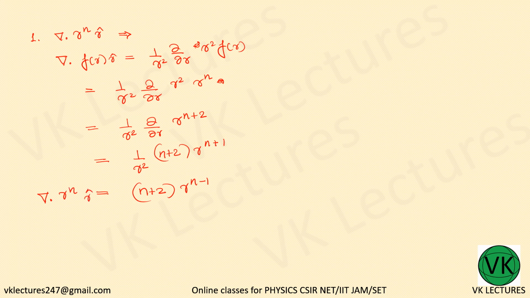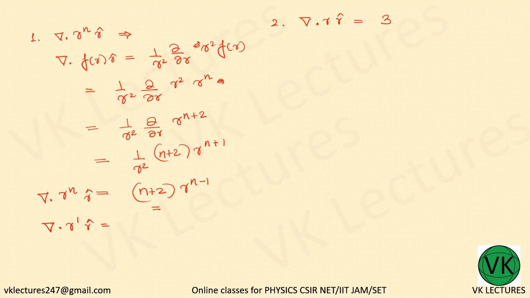Similarly, you can write for del dot r into r cap. Just substitute n equal to 1 in this equation, del dot r to the power 1 r cap.